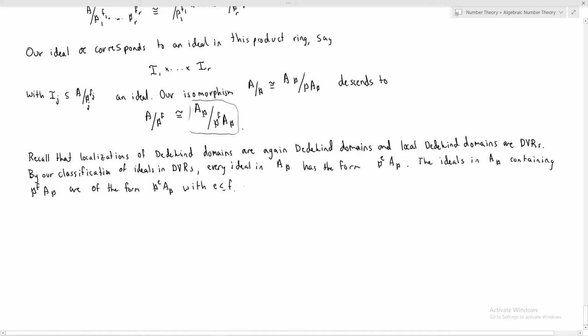What does it tell us? I sub j corresponds to an ideal here. This tells us that, translating through these isomorphisms.